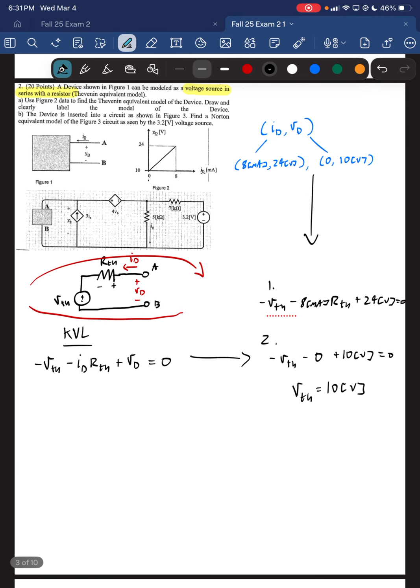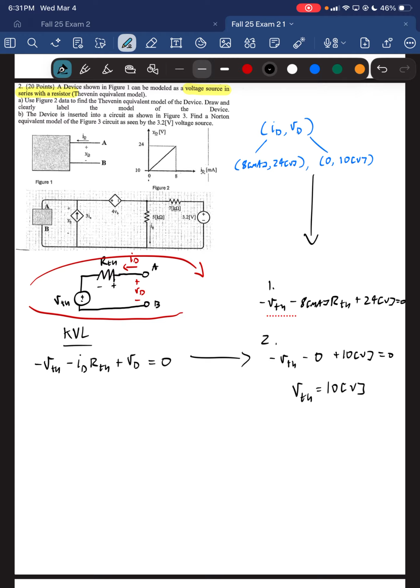Do we really have to do the KVL? Because we already know it's gonna be 10. Yeah, I mean, because if the current is 0, how are you going to know that V Thevenin is equal to VD without writing out that KVL?